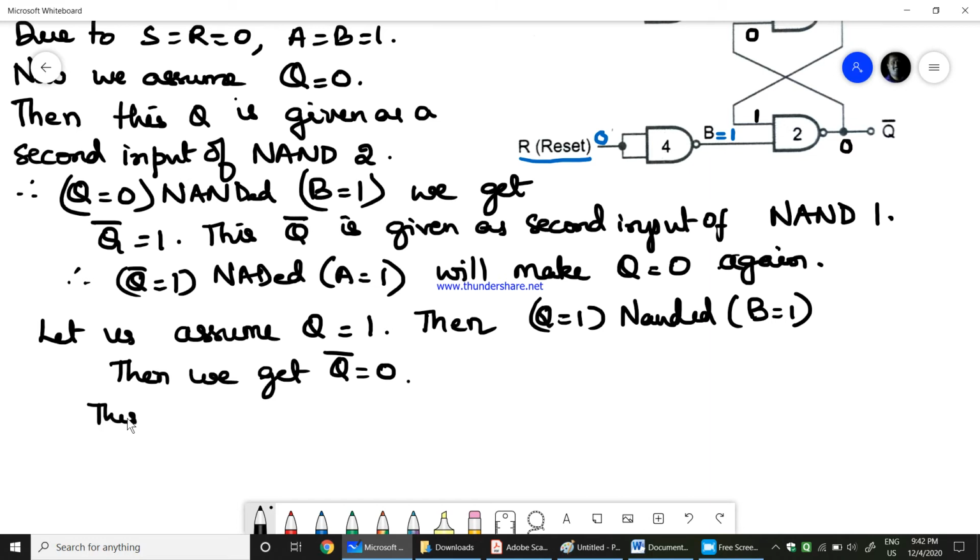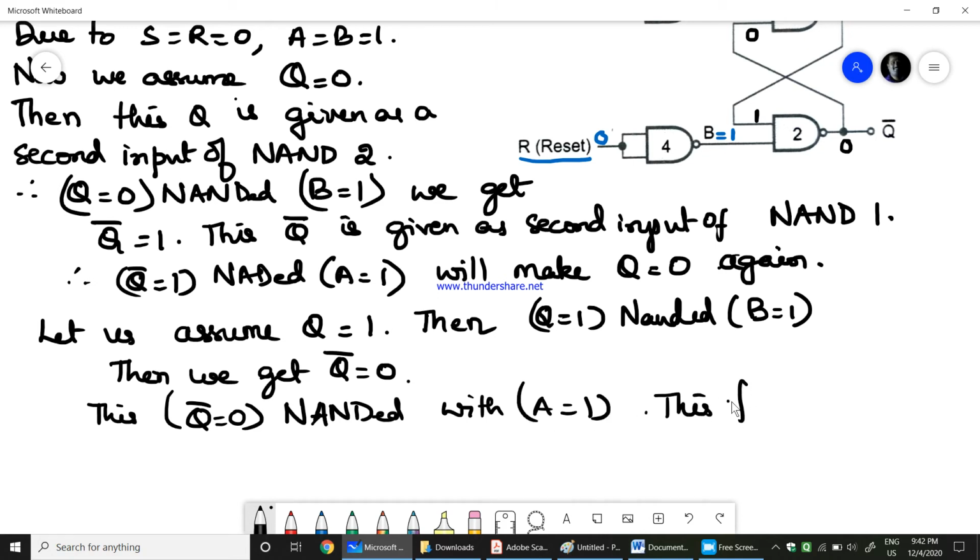This Q bar equals 0 is NANDed with A equals 1. This forces Q to be equal to 1 again.